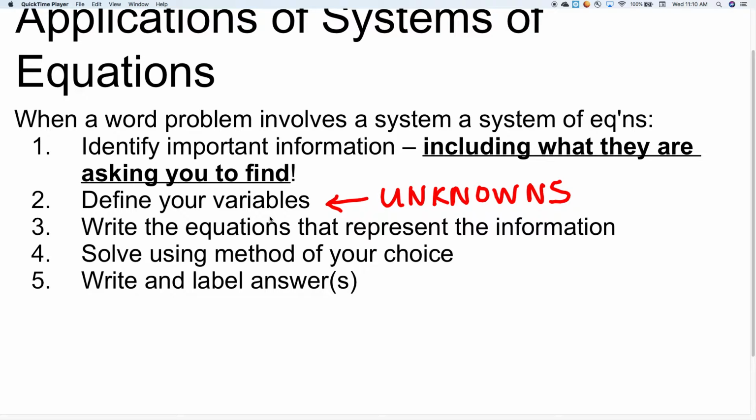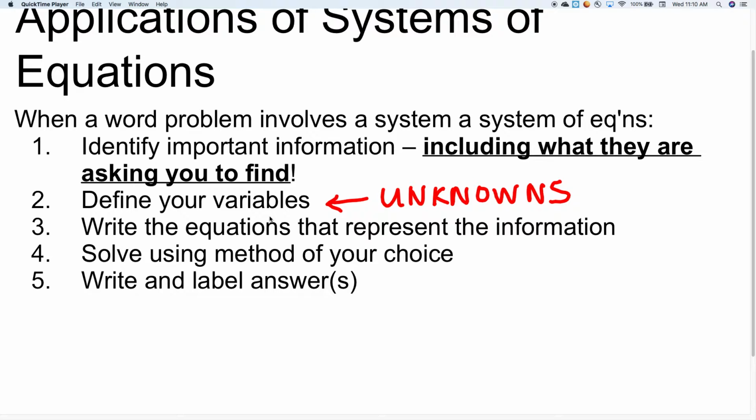And when you give me the answer, that should be in context of the problem. So there should be some kind of label there, so that I understand what it is you're talking about. So whether you write them as ordered triples or ordered pairs at the end in these application problems, that's not as important. It's that you answer the question that's being asked.